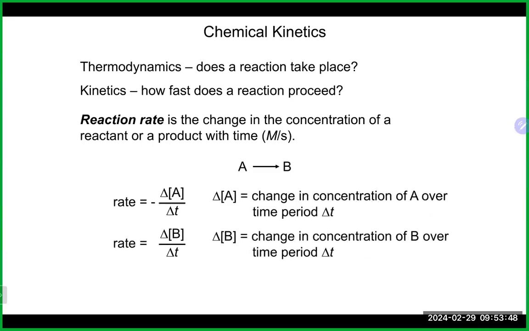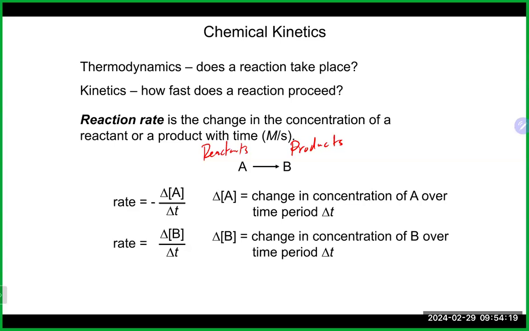So if we have a reaction such as this, where A goes to B, A is obviously our reactant, as we talked about the other day, and B is our product, right? When this reaction takes place, would I expect the concentration of A to be increasing or decreasing with time? What do we think?